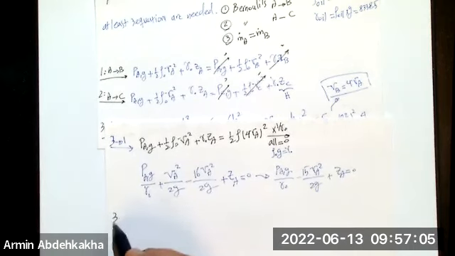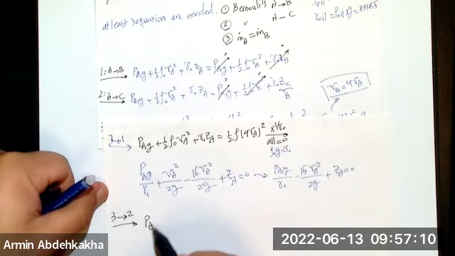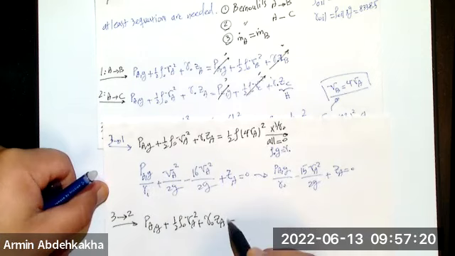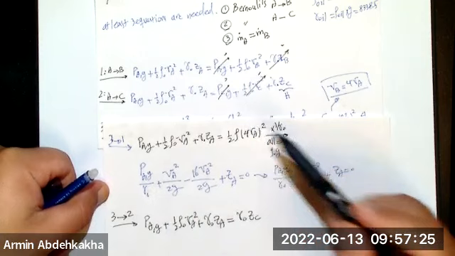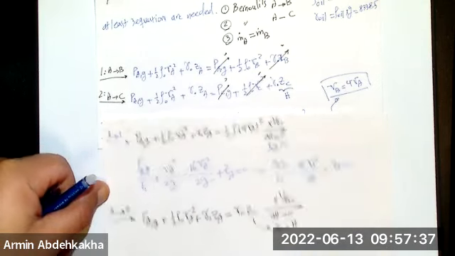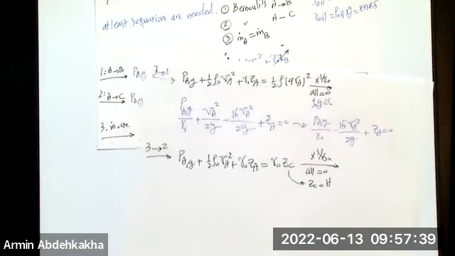If you plug in equation 3 into equation 1, you have P_A gauge plus 1/2 rho V_A squared plus gamma of the oil Z_A is equal to gamma of the oil Z_C. Why? Because these two are 0. Again, do the same: multiply by 1 over gamma oil and set all equal to 0. And also replace Z_C with H. That's something that we are going to find, right?